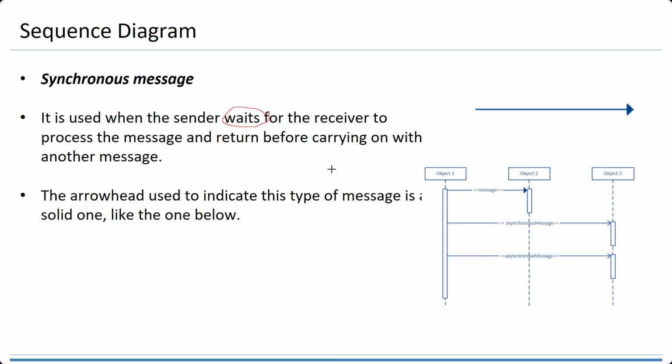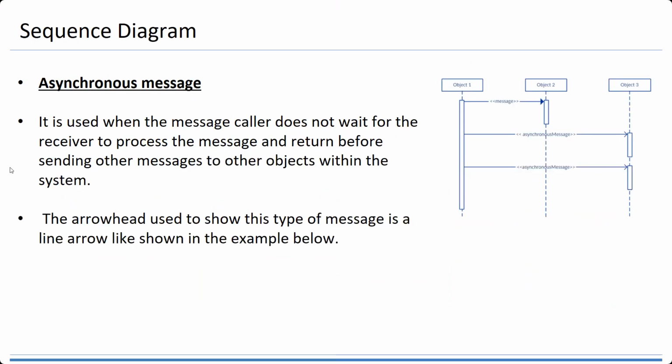So when you call to the AS center, you do the calling and then you need to wait. If you are waiting for that one, it means it is the synchronous message. But if you are dealing with a message that you do not wait for, for example, sending email, you just wait for maybe tomorrow or the day after tomorrow to get the response, then it is an asynchronous message.